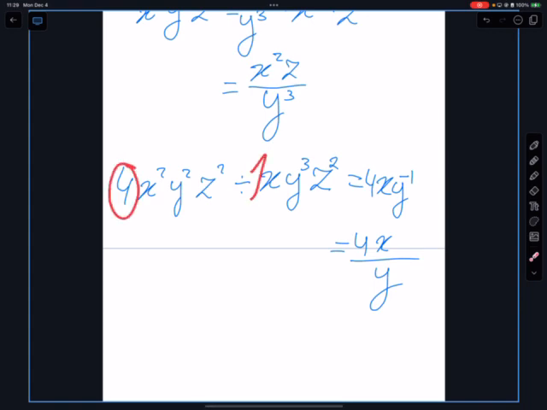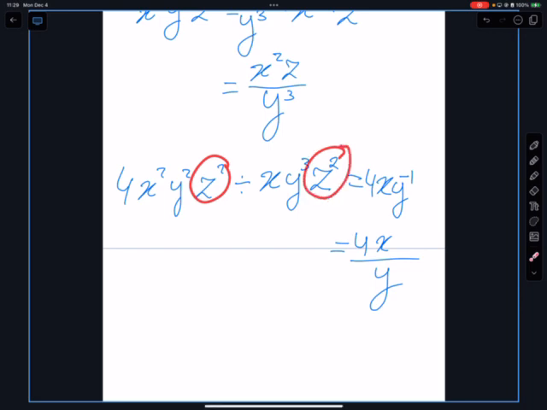Four gets divided by 1. There's a 1 in front. So your answer is 4. X squared divided by x is x. 2 minus 1. This is 2, this is 1. 2 minus 1 is 1. Y squared divided by y to the power of 3. 2 minus 3 is y to the power of minus 1.